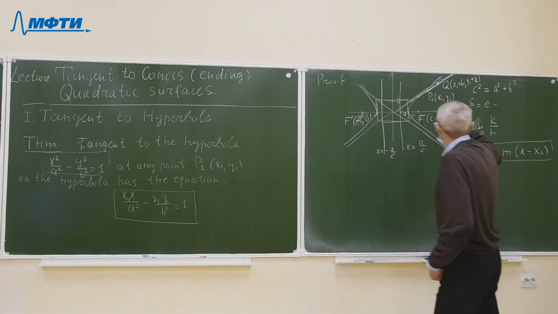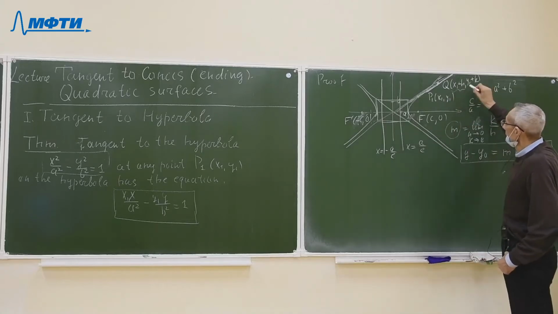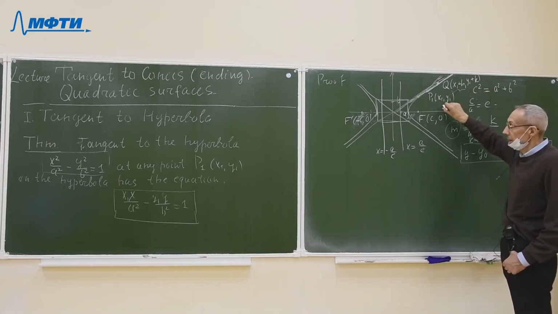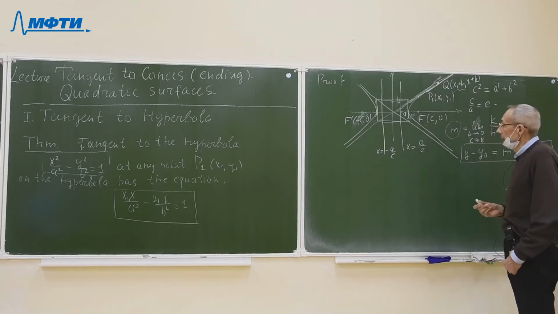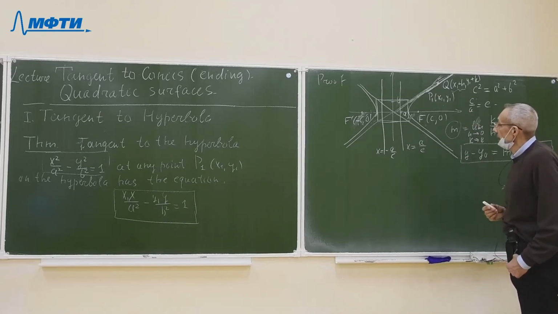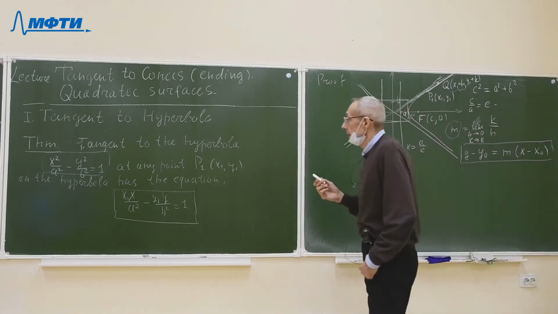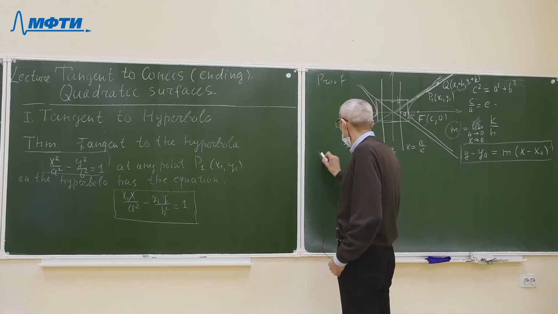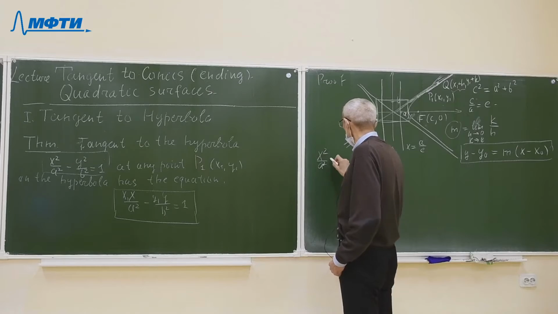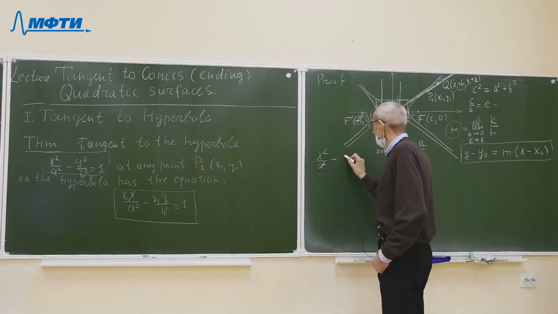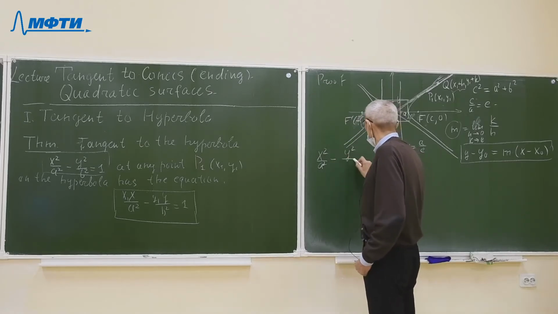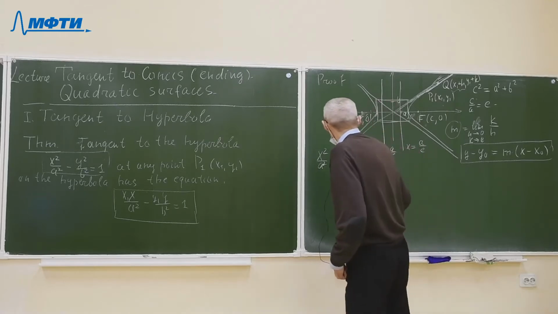And we know that the coordinates of Q and the coordinates of P1 satisfy the basic equation of the hyperbola, x squared divided by a squared minus y squared divided by b squared is equal to 1.